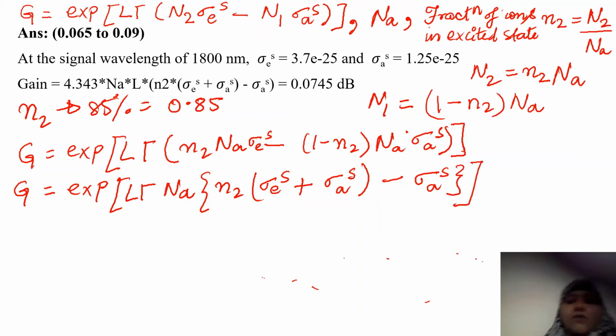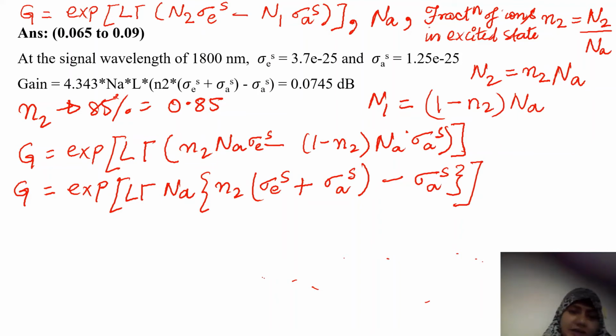So now this is an exponential. Let's convert it into log. When you convert into log base 10, you'll get a factor. What factor is that? That factor is 4.343. Just convert the exponential to log and the log into dBs.